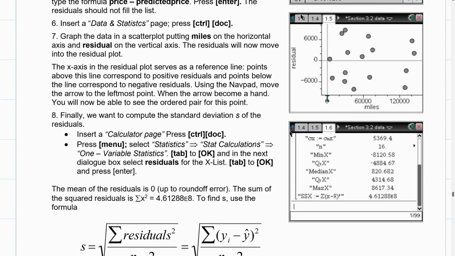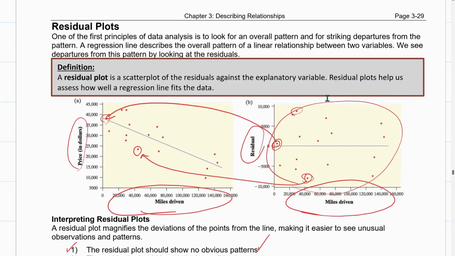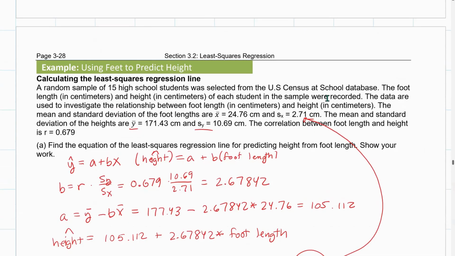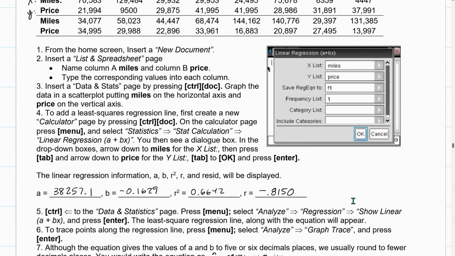Earlier, we found that the R squared value for the truck data was 0.6642, or about 66%.